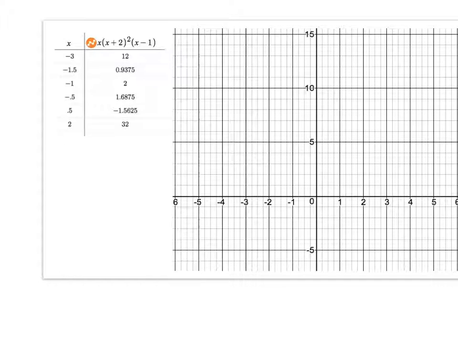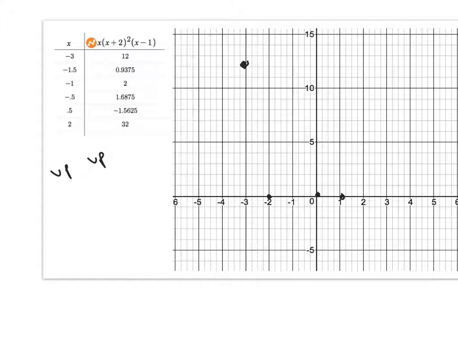Alright, so again I'm going to plot my zeros. So my zeros were 0, negative 2, and positive 1. Now remember that my end behavior is up to the left and up to the right. And so when I'm plotting the rest of these points here, negative 3, 12 was a point, so negative 3, 12 is right here.